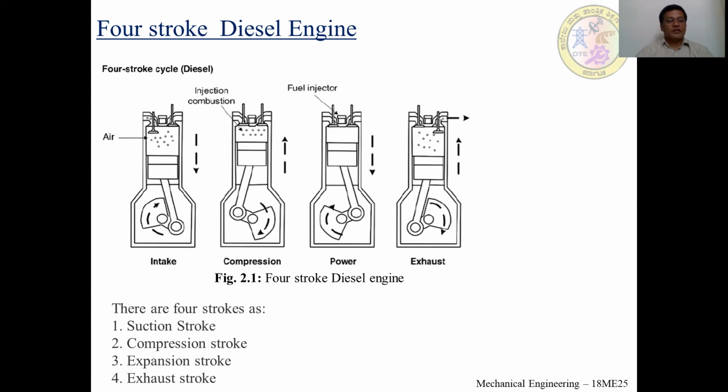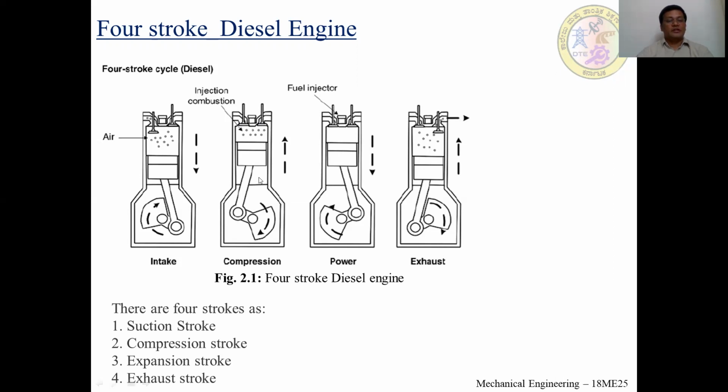Then the second stroke is the compression stroke. At the beginning of this stroke, the piston remains at BDC. During this stroke, the piston moves from BDC to TDC. Regarding the valve arrangement, in the compression stroke both valves, the inlet valve and the exhaust valve, are closed.